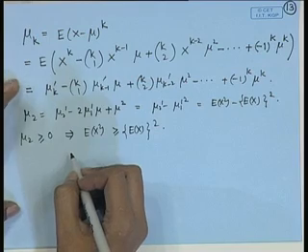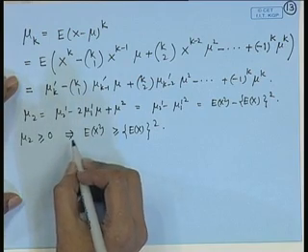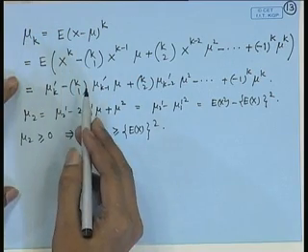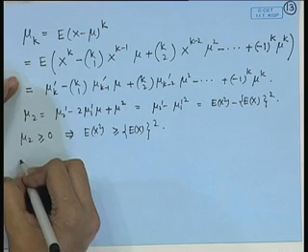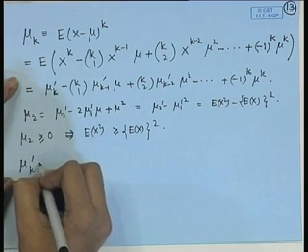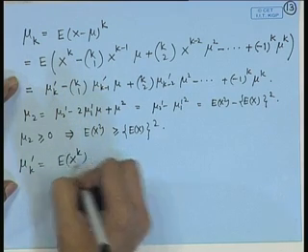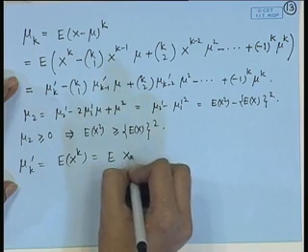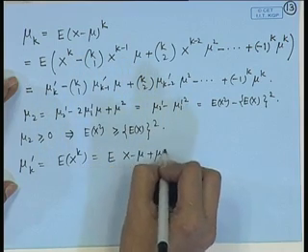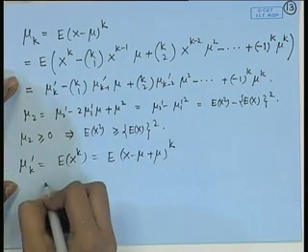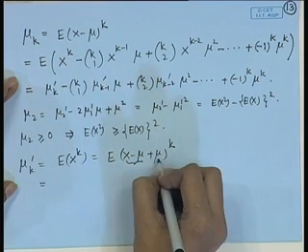We also have a relationship between non-central moments and central moments in the reverse direction. That means we may interpret mu k prime as the expectation of (x minus mu plus mu) to the power k. Here we consider this as one term and this as another term.